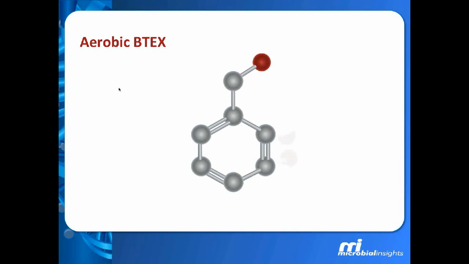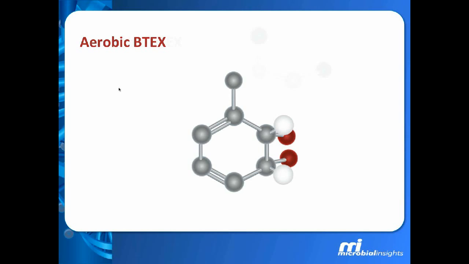And some microbes initiate BTEX biodegradation by simultaneously adding 2 oxygens. The common denominator is that all of these aerobic pathways are initiated by oxygenase enzymes, and we can use qPCR to target the initial oxidation enzymes of these pathways to quantify the bacteria that are capable of BTEX biodegradation.